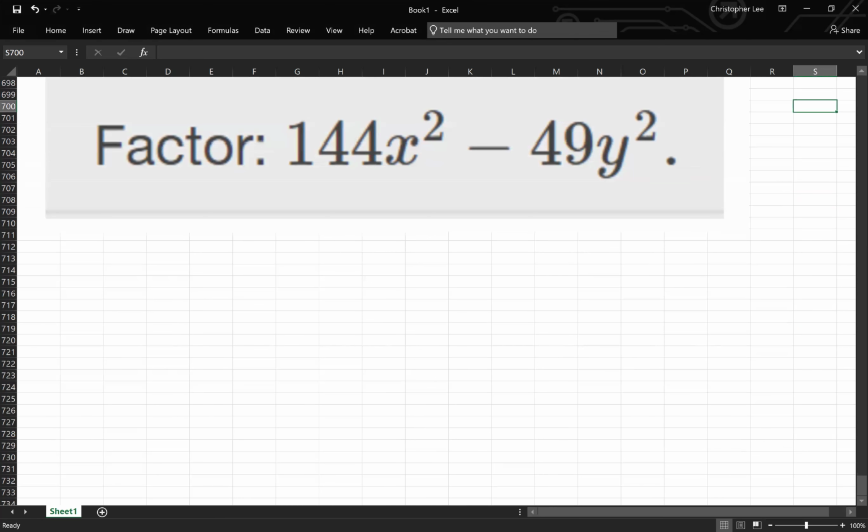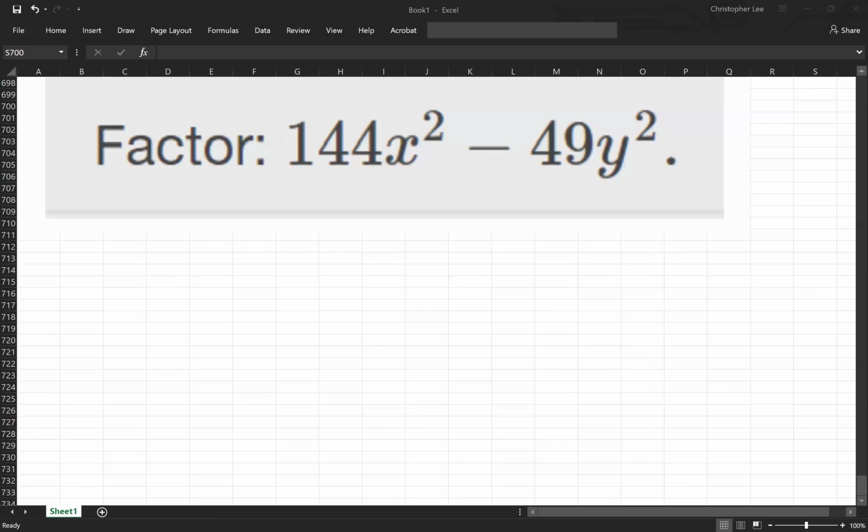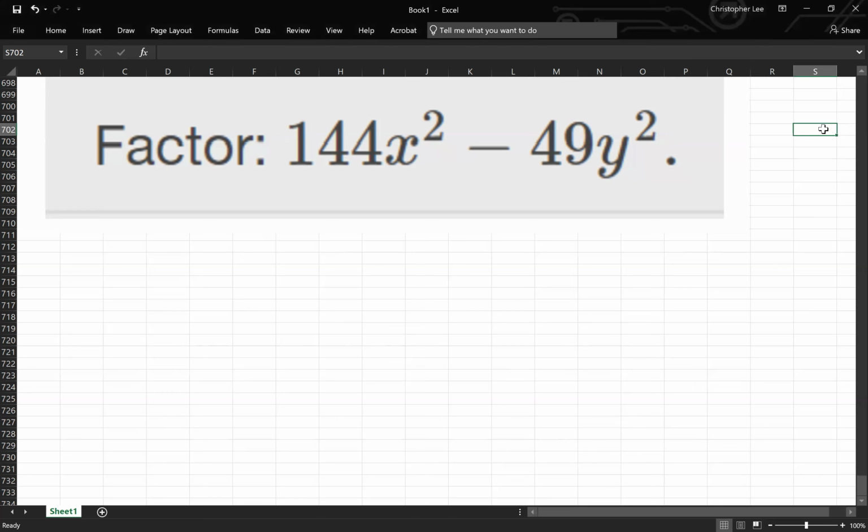All right, we'll try that out. So difference, one positive, one minus. That's all.